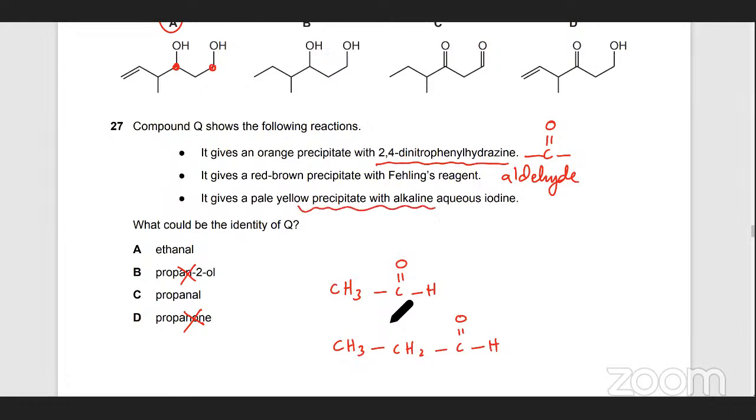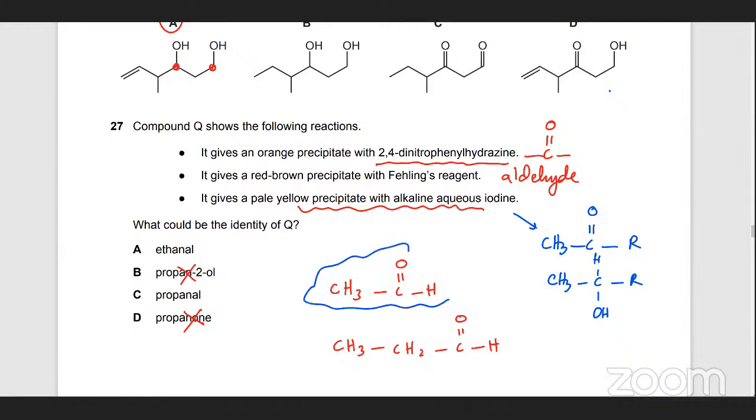The final one is the iodoform test. It's a positive result with an iodoform test. Remember, iodoform reactions give positive tests with these two substances. Whether the molecule has this structure, CH3 C double bond O, a methyl group next to a C double bond O. Or the other one is you have a methyl group which is next to a C which has an OH, but which should also have an H, and the rest is R. So if either of these two structures are present, the iodoform test is positive, and that is present in ethanol.